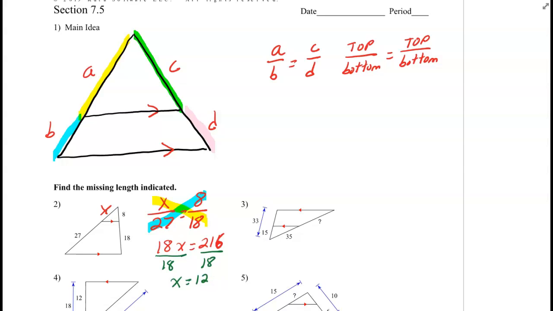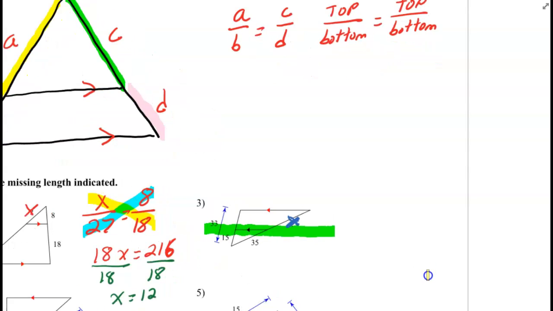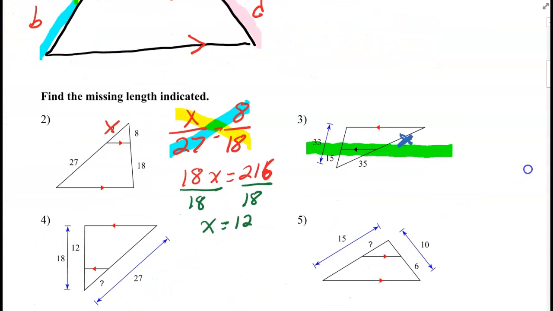Let's apply that to number 3 here. Again, I could think of this as the fraction bar. I'm going to call this x. Now the dilemma on this problem, and I'm going to zoom in a little bit here, is that I need to find this yellow length.